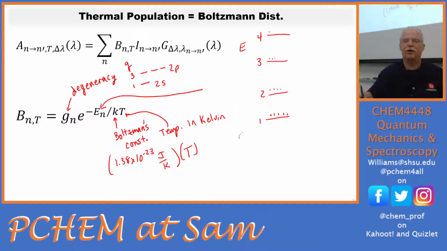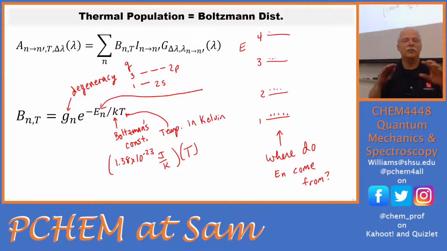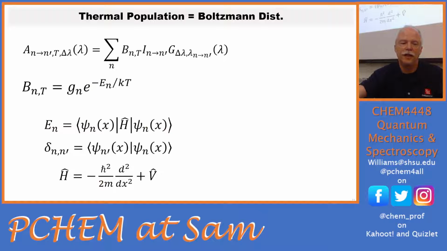And notice, where do these energies come from? So we have to figure that out. All right. So Boltzmann depends upon the energy levels. The intensity depends upon the wave functions and light. And the energies come from the Schrodinger equation. So here's the energy equation. And this is just a different form of the Schrodinger equation, but it is the Schrodinger equation.